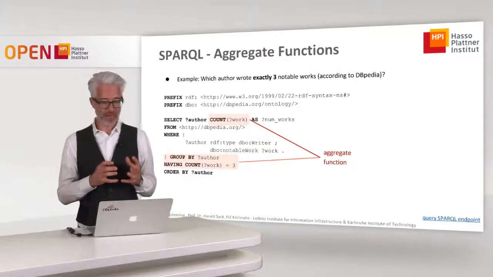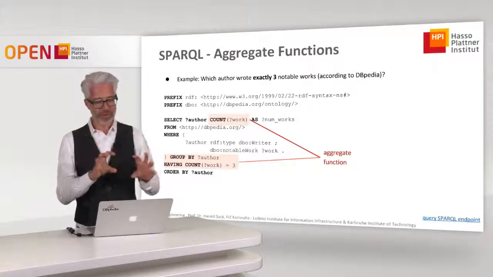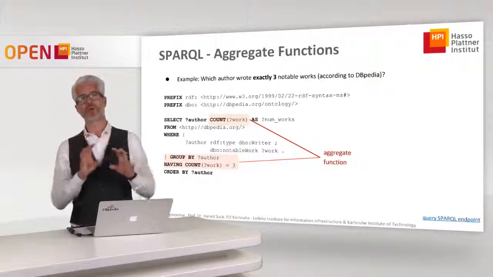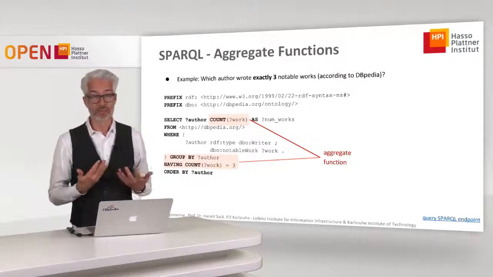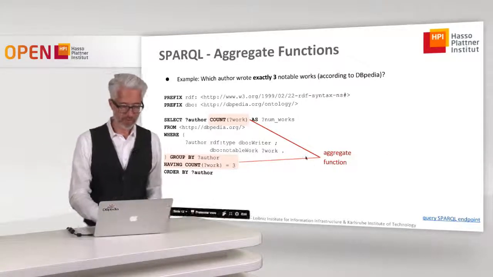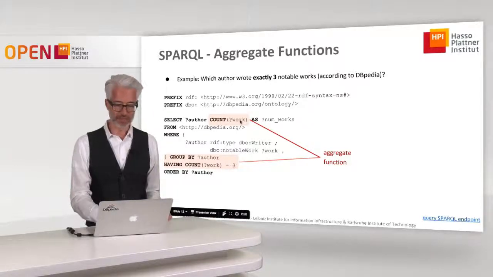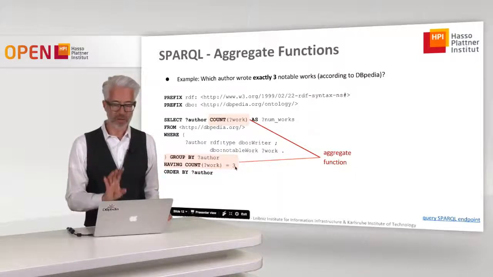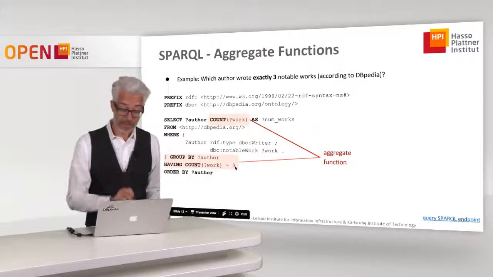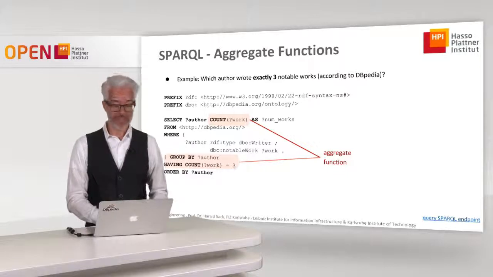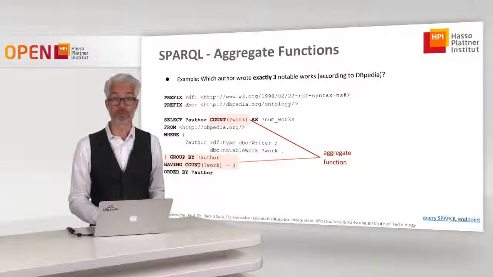So for example, I want to say only authors who have written more than 3 works, which then would be, I have a group by author, and again I have also this count of work, but I only consider groups of authors where they have this count of work equal to 3. So I only consider authors who have written exactly 3 notable works.